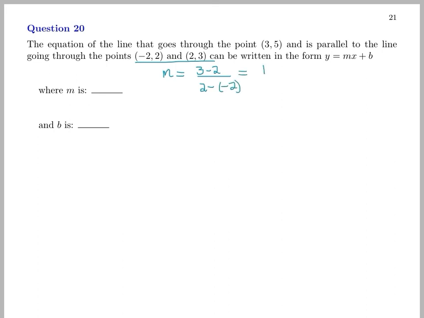So that's 1 over 4. And since our line is going to be parallel, it's going to have the same slope. So we've got our slope, 1/4, and we've got our point, 3, 5. So we can write down the equation, y minus 5 is 1/4 times x minus 3.